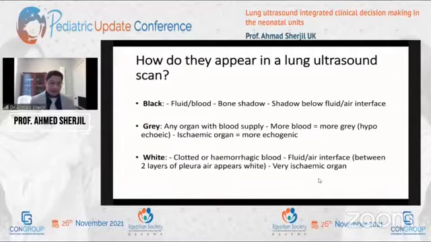White, which is hyperechoic, would be clotted or hemorrhagic blood, but more importantly, the white appearance comes from fluid-air interface, and something very mandatory to lung scan is the anatomical area where the two pleura, visceral and parietal, slide over each other. So as things go more ischemic, they become more echoic. As they go more vascularized, they're more hypoechoic.